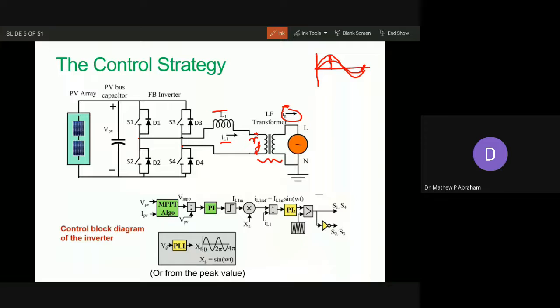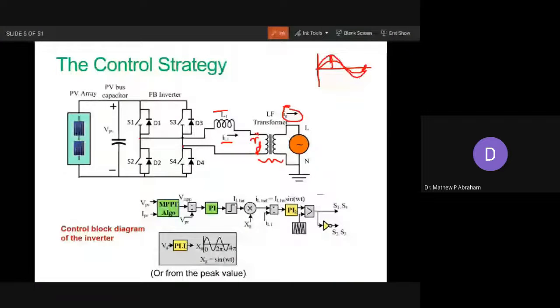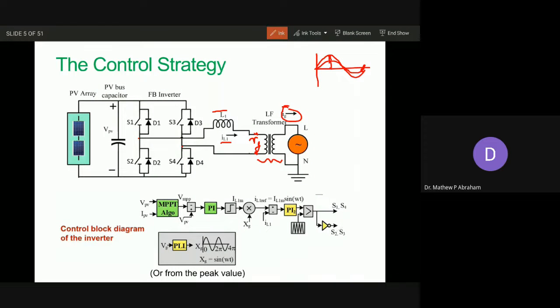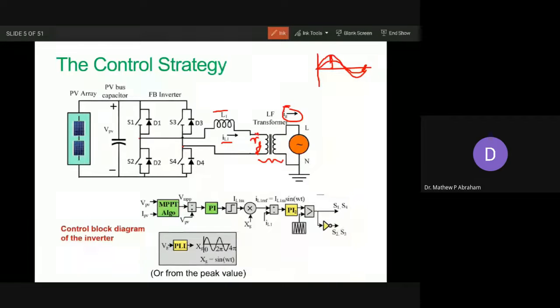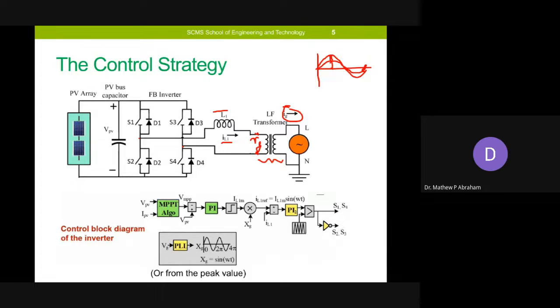If no other devices are connected except for the grid, then the value of Ig will be decided by what is called maximum power point operation, MPPT power correction.